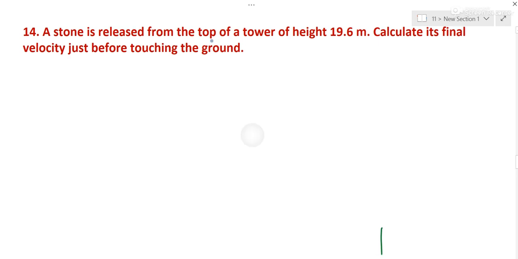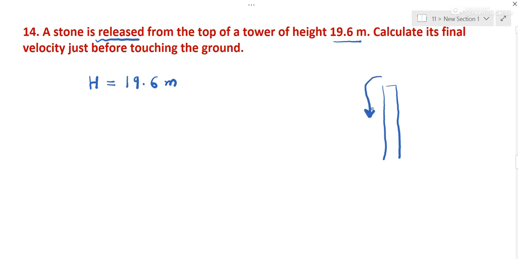A stone is released from the top of a tower of height 19.6 meters. So a stone is released, as in it is thrown down. Whenever an object is thrown down, U is 0, initial velocity is 0.